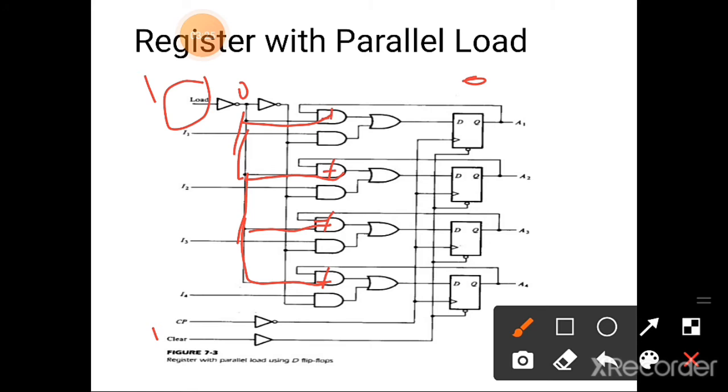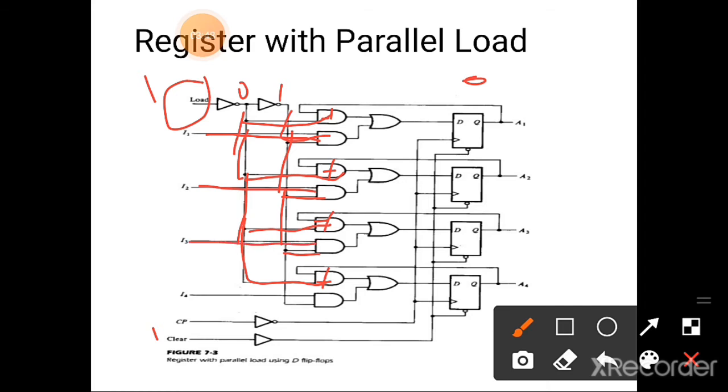Then the next input is 1. Then 1 is connected to this AND gate, and this AND gate is connected to the input I1, and here this AND gate is activated. This AND gate is connected to I2, and like here this AND gate is 1, then it is connected with that AND gate.